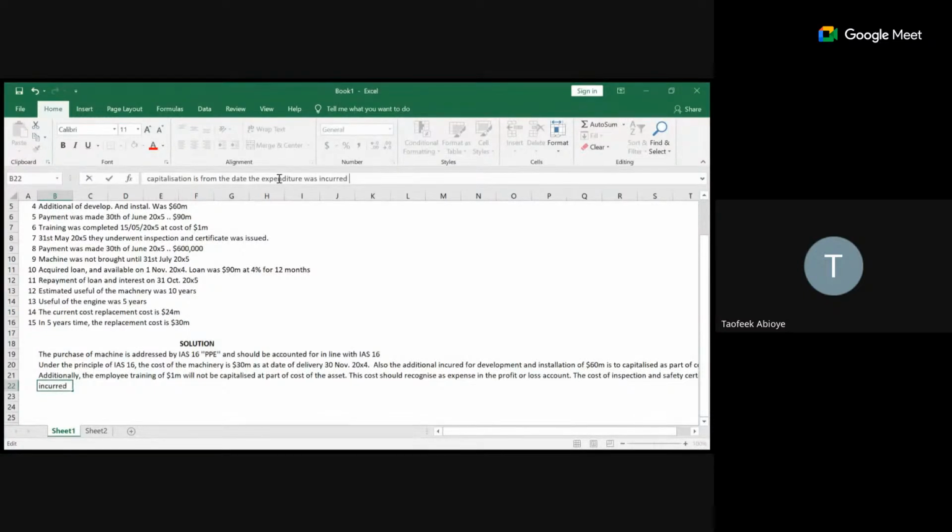The standard says we will cease the borrowing cost, starting from the date expenditure was incurred and ending on the date the asset is available for use.